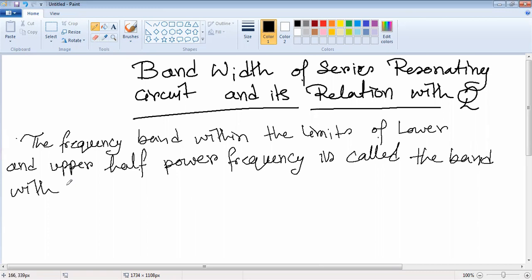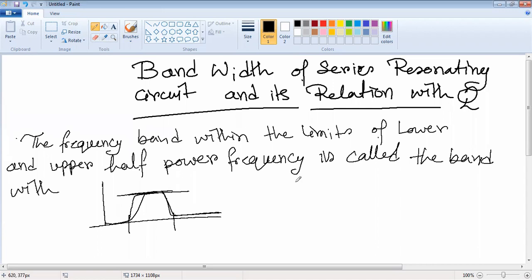The response of the resonating circuit within this bandwidth is assumed to be flat. Within this resonant frequency, the bandwidth is flat. It is going this way and this way.